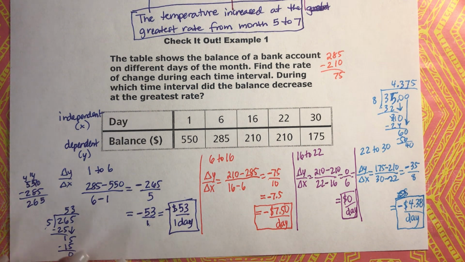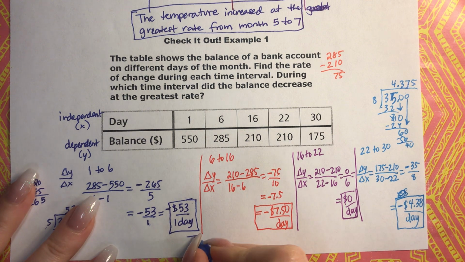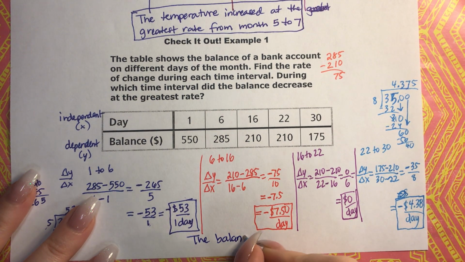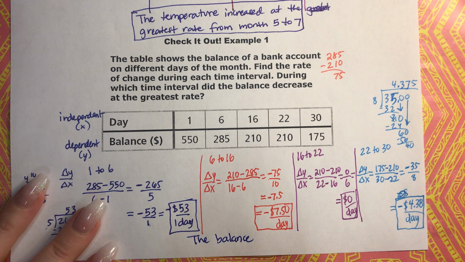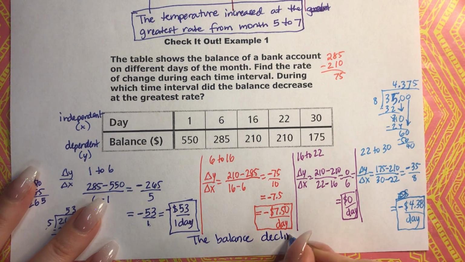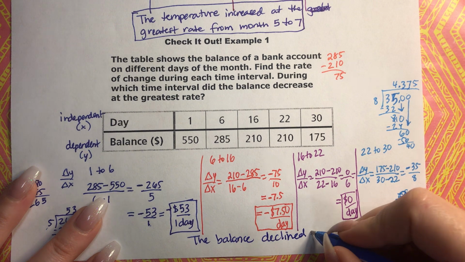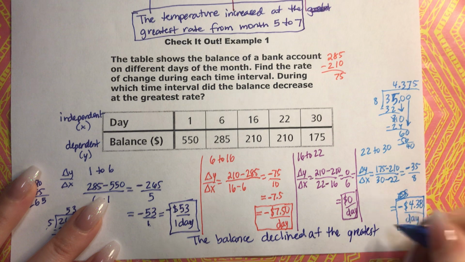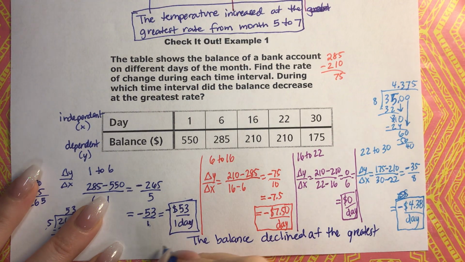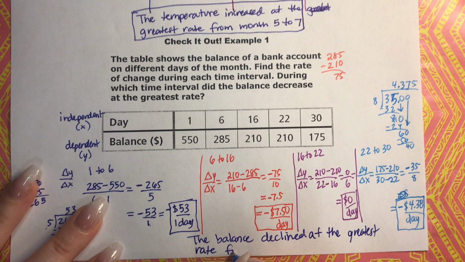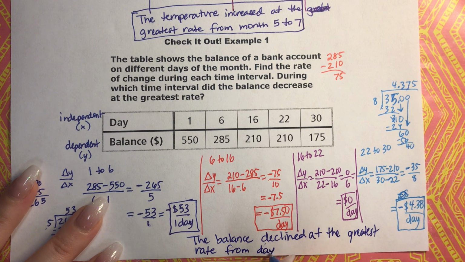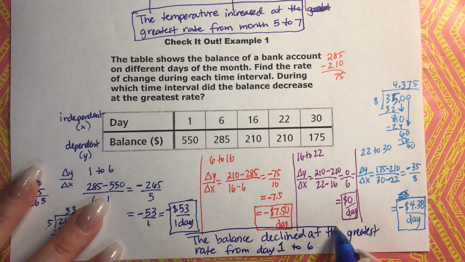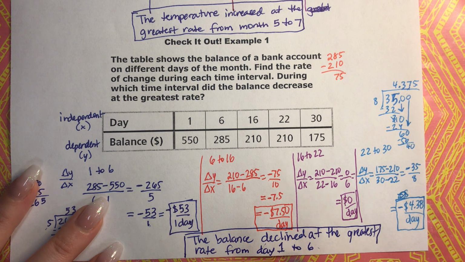So we would say the balance declined at the greatest rate from day 1 to 6. All right, and that's how you show your work and write your answer.